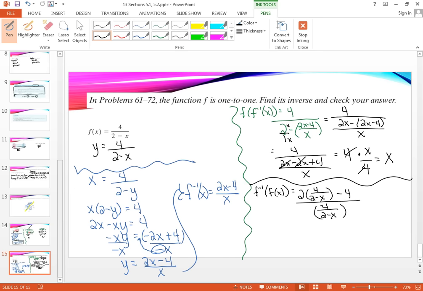Okay, so on the top, I'm going to take a second and rewrite this. 2 over 1 times 4 over 2 minus x is the same thing as 8 over 2 minus x, minus 4 over the 4 over 2 minus x. All I did was multiply this 2 and this 4 together and get 8, so it doesn't look more complicated than it has to be. I need a common denominator. It needs to be a 2 minus x on top and bottom here.